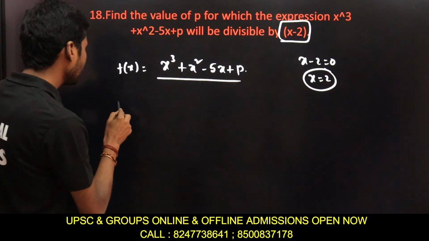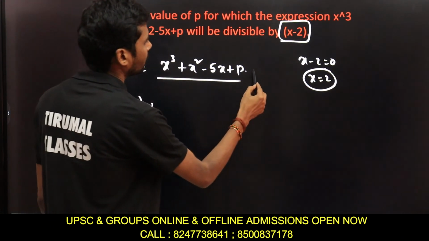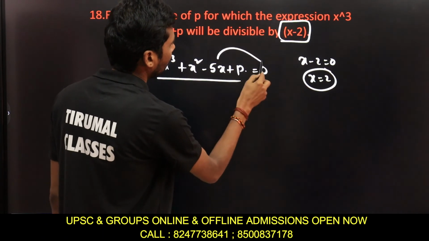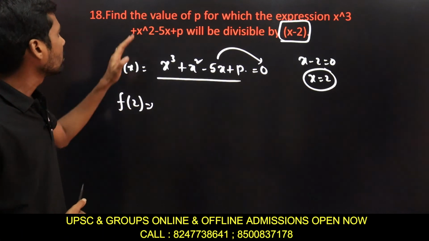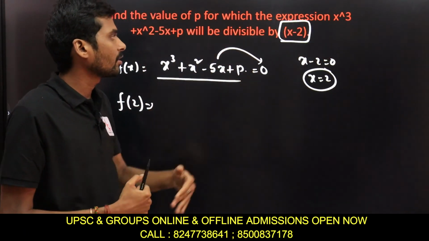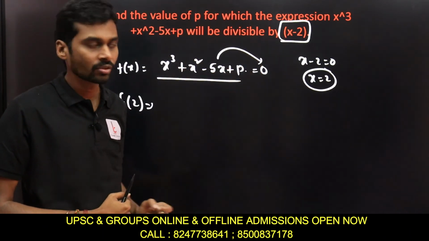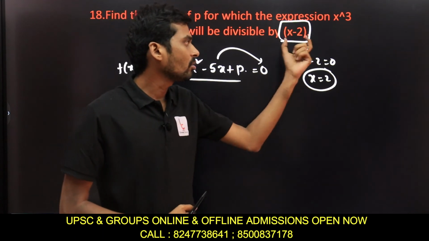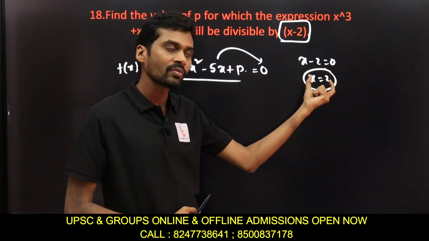Suppose we have an algebraic expression like x cube plus x square minus 5x plus p, and one of the roots is x minus 2, then immediately you have to equate this to 0, and from this we can find out the x value.